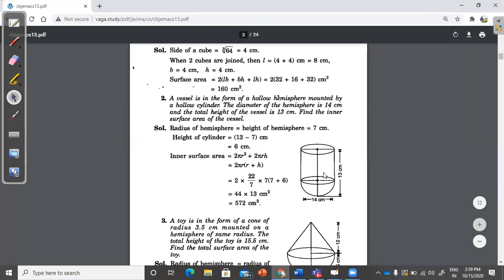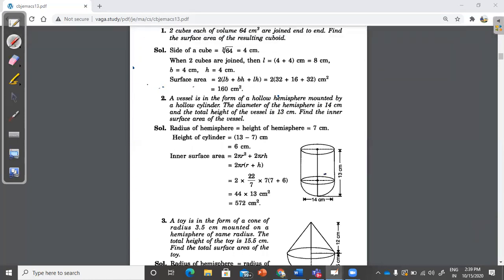Inner area of the vessel, this is a combined figure. And as I told you, it is given that it is hollow. Hollow means it's open. Open means we'll have to use curved surface area for the two. So 2 pi r square for the hemisphere and 2 pi r h for the cylinder. Now the most important thing to understand is that the total height here is 13. The radius is 7, so what is going to be the height of the cylinder?